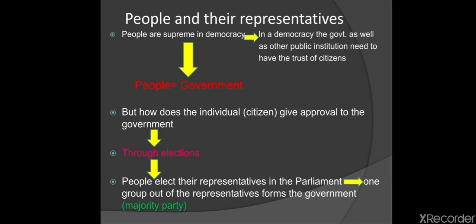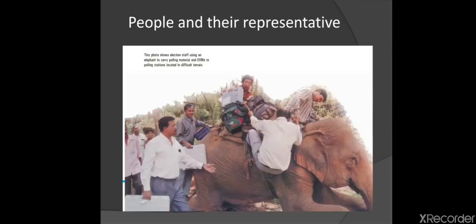People elect their representatives, and those representatives become members of the parliament and go and sit in the parliament and decide the laws for the country. And one group out of the representatives forms the government, that is the majority party who wins. Elections are a very important activity of the country.